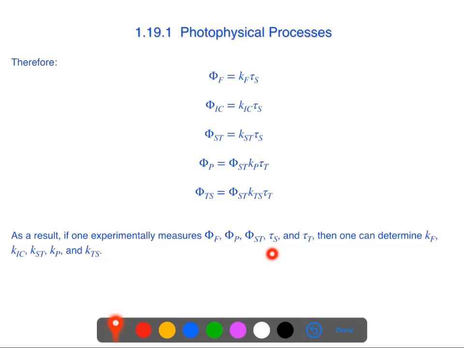These are the typical experimental measurements that one can carry out for photophysical processes. From these measurements, we can determine the individual rate constants for a particular molecule. So let's look at an example of how one would calculate these rate constants using these experimentally determined values.